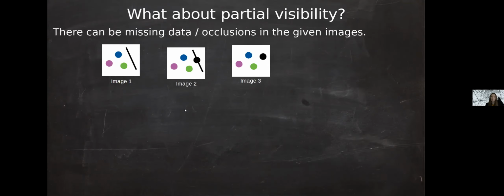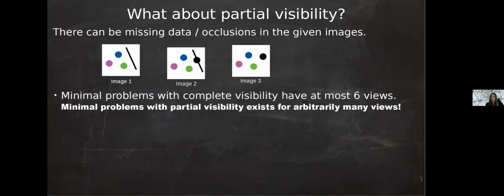So hence, we want a catalog of minimal problems that also works for partial visibility. However, there are some issues with that. For instance, in our previous catalog, we had seen that minimal problems with complete visibility use at most 6 images. If we now deal with partial visibility, we can construct minimal problems for arbitrarily many images.